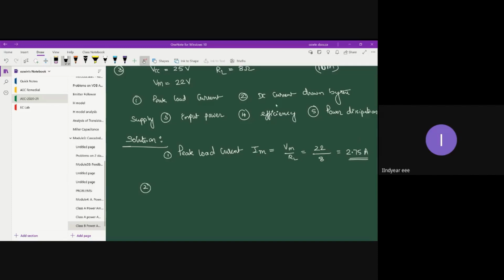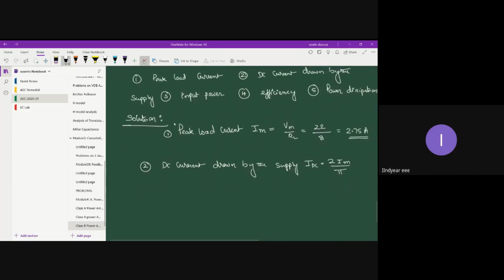Second one, DC current drawn by the supply is IDC, and IDC is 2 IM by pi, right? So therefore, IDC is equal to 2 into IM.